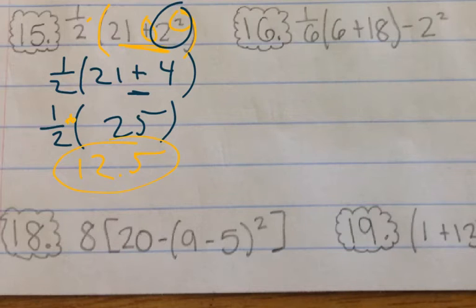16. Again, every time you notice, guys, you always look at everything that's shown, and then you prioritize parentheses, powers, multiply or divide, add and subtract. So if you look at 16, guys, notice I have a parentheses. I better do that first.